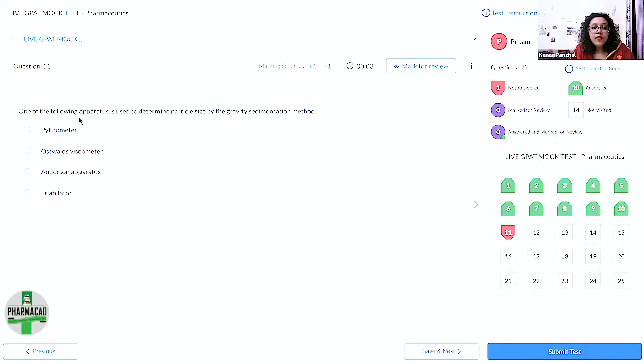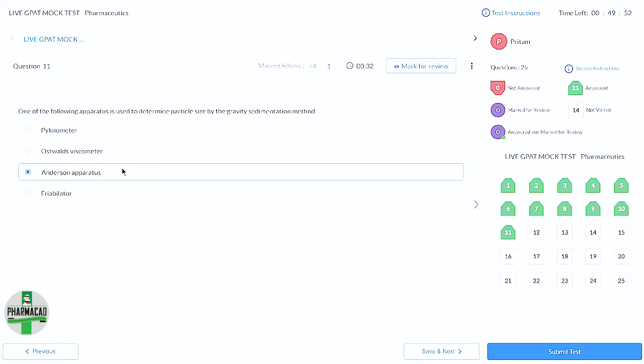Okay, which one of the following apparatus is used to determine particle size by gravity sedimentation method? Option C. Arey, say the name, yaar. Who is telling? Yes, ma'am. Option C, Anderson apparatus.